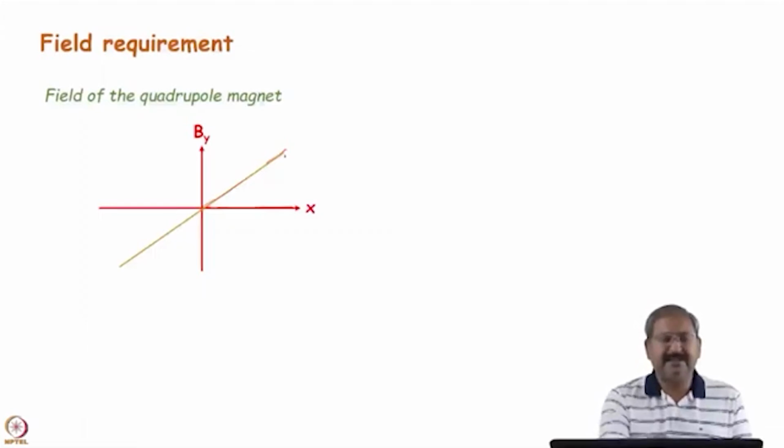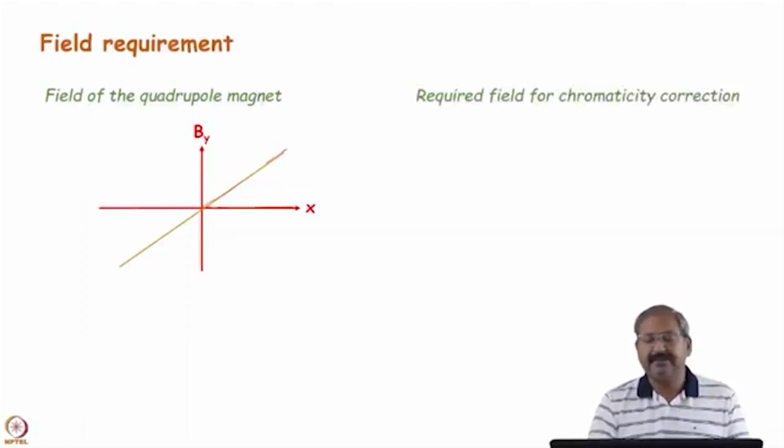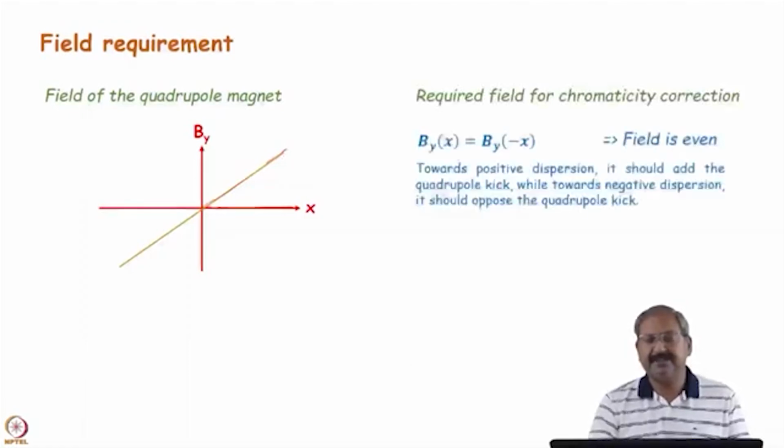Because it is linearly increasing, the gradient is constant. Now the required field for chromaticity correction. Actually we have seen that B, the vertical component of the magnetic field, at plus x should be equal to that at minus x. Then only the kick will be in the same direction. So the field should be even.